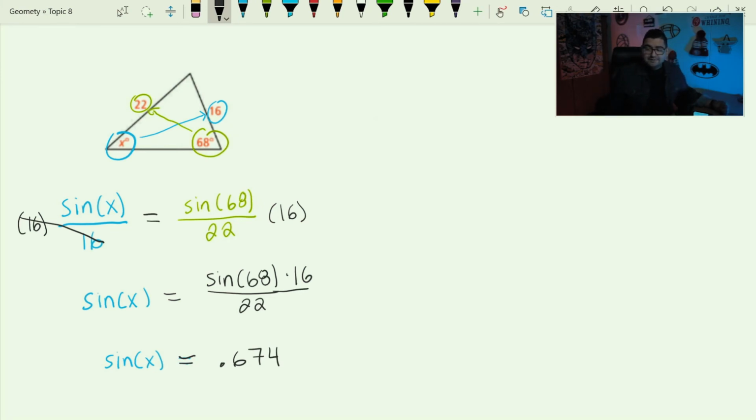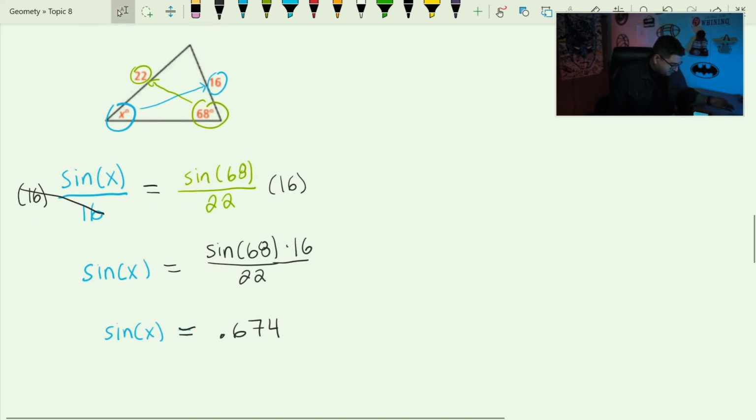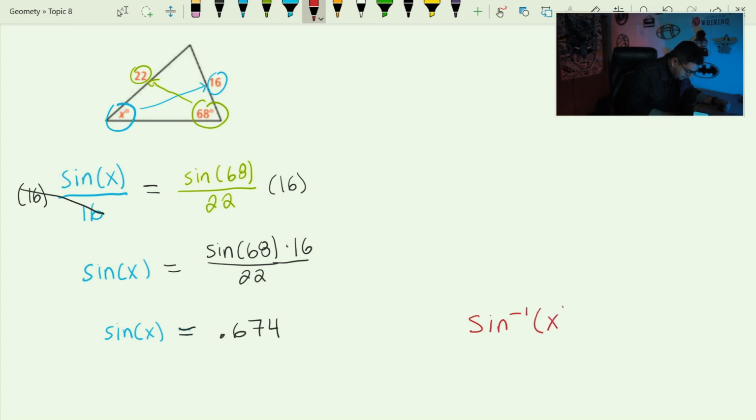And now the question becomes, how do I get rid of the sine on my x? I want to isolate x, but it's inside of a sine. So how do we get rid of that? Well, what we're going to do is make use of the sine inverse function. The sine inverse, which looks like this, sine inverse of x.